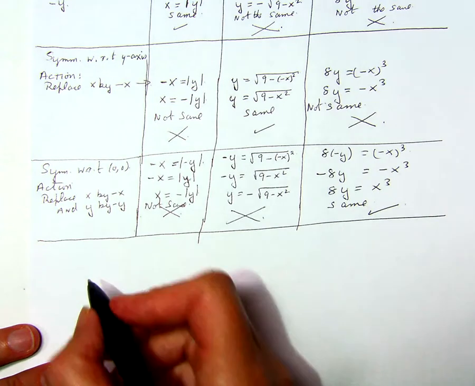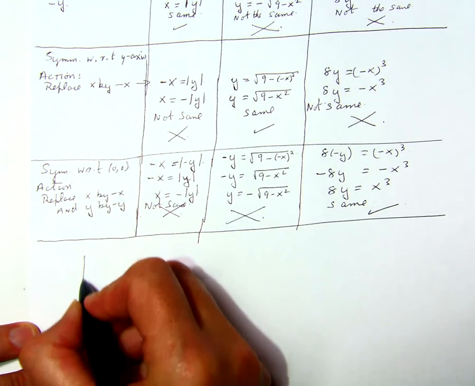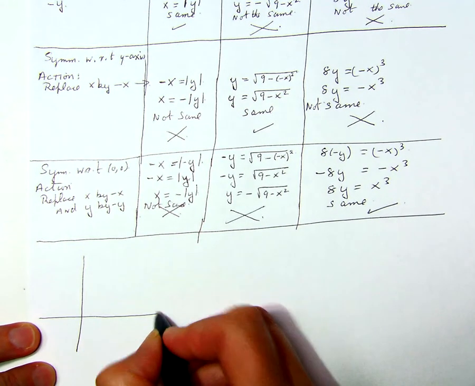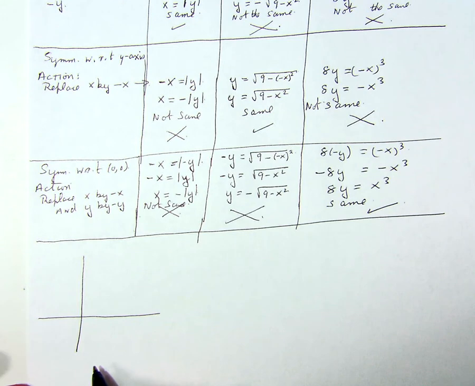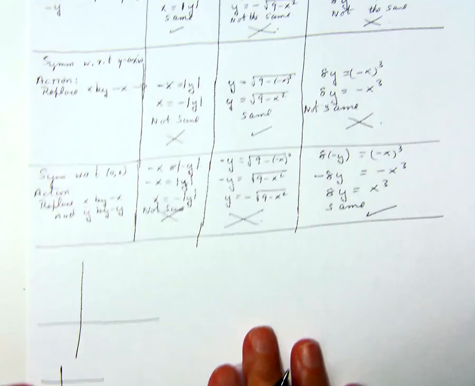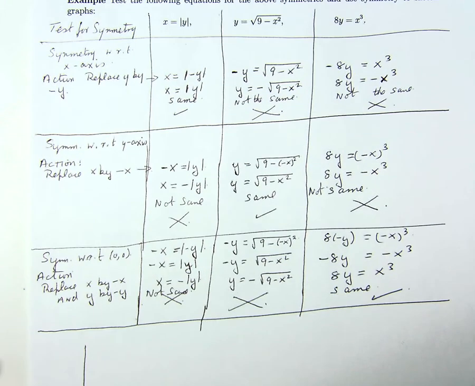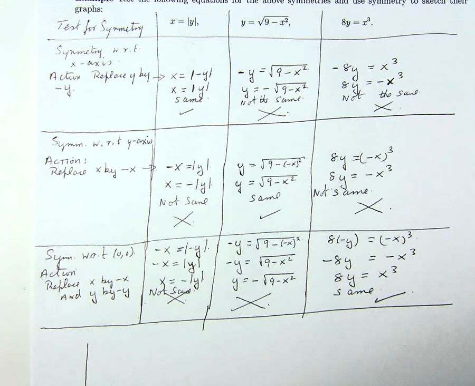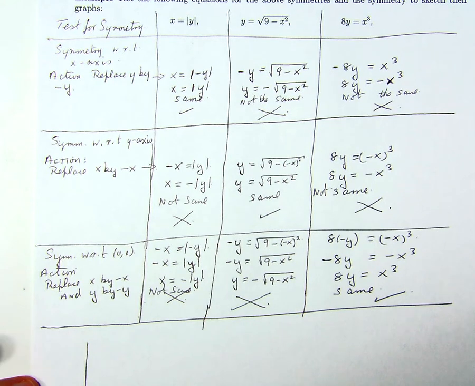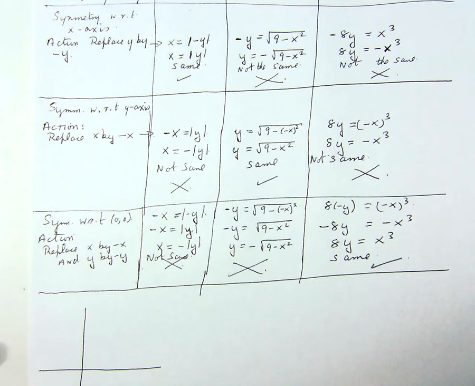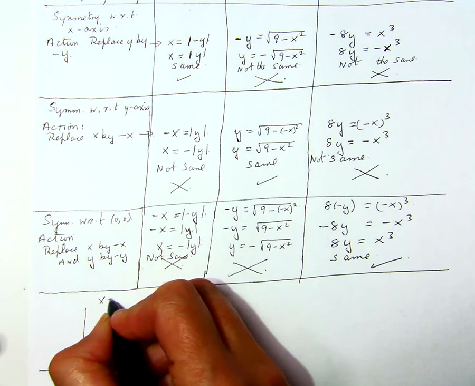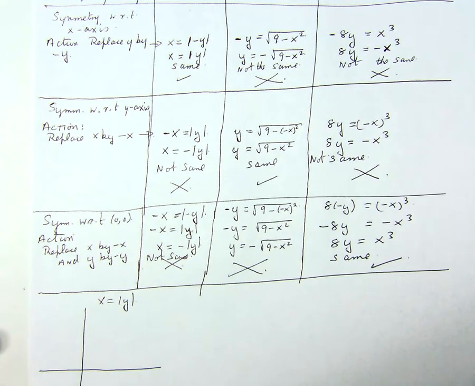How about the graphs? Well, x equals the absolute value of y. We've already drawn this graph. We've taken a few points, but we've concluded above, if we were to redraw the graph, that this has symmetry with respect to the x-axis. So how can I use that in graphing? Well, I only need the top half of the graph.